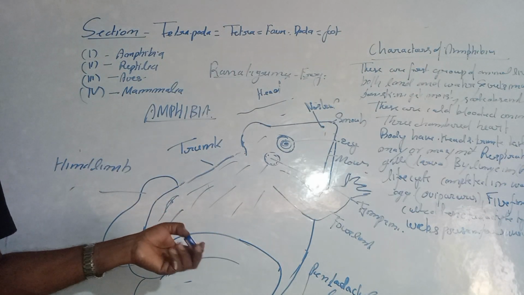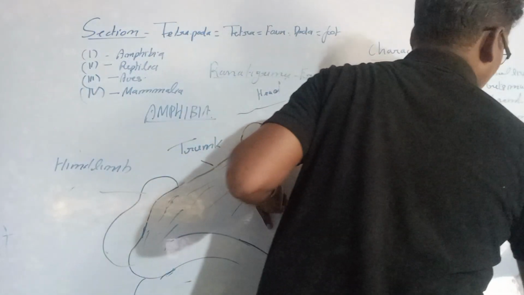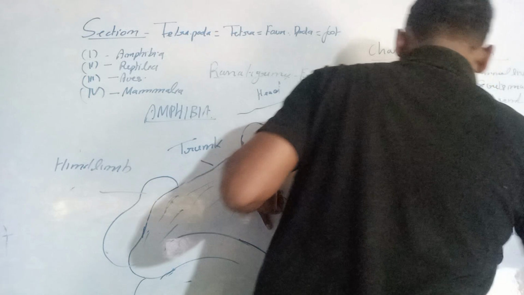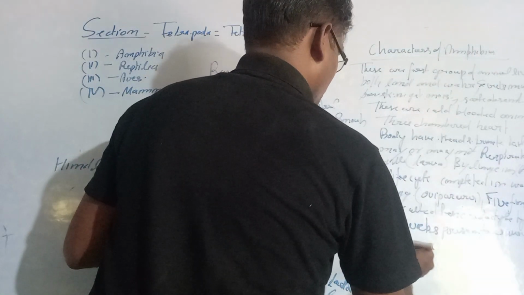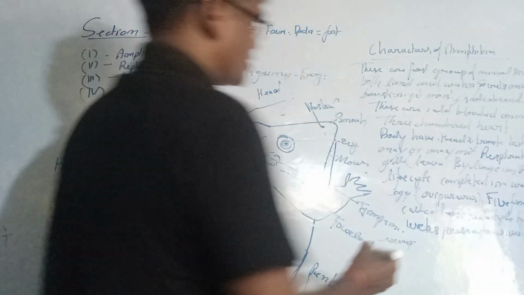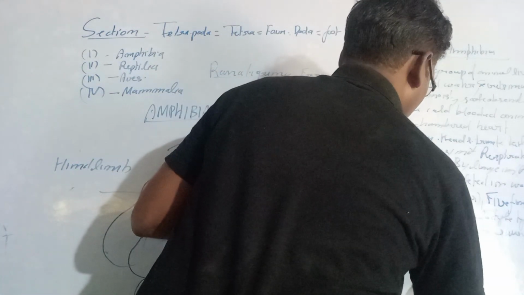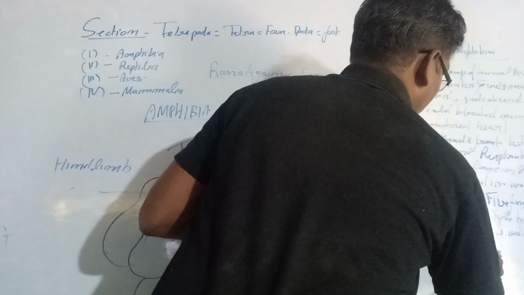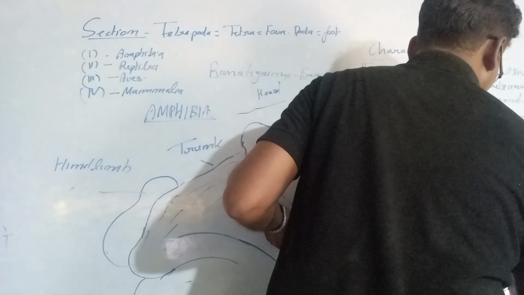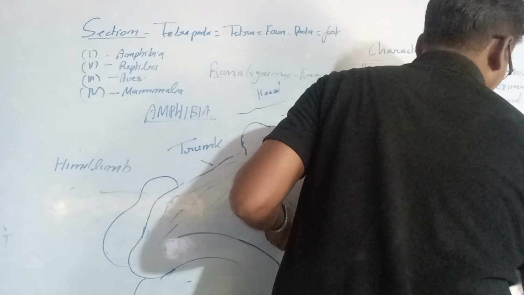So hopping, swimming and hopping. Okay, and for examples, the first example we have drawn here is called Rana tigrina, or frog, the Indian frog.